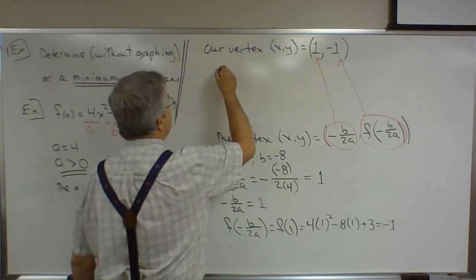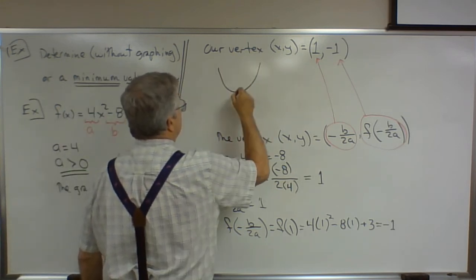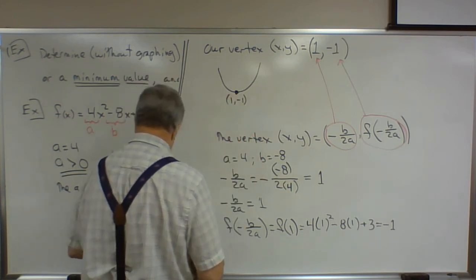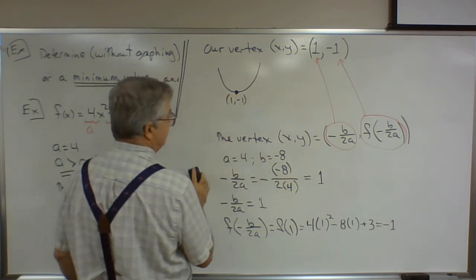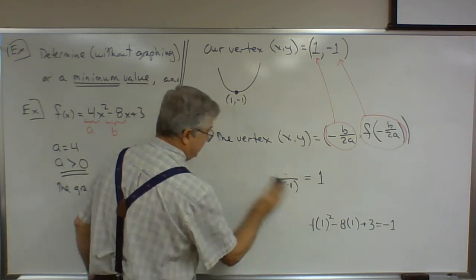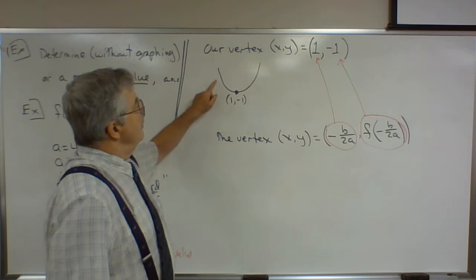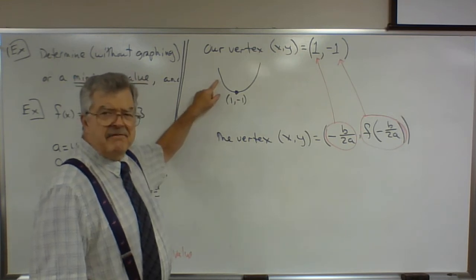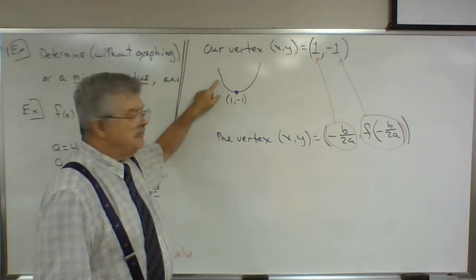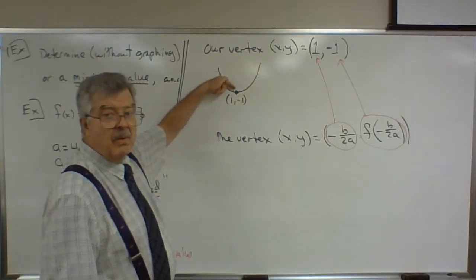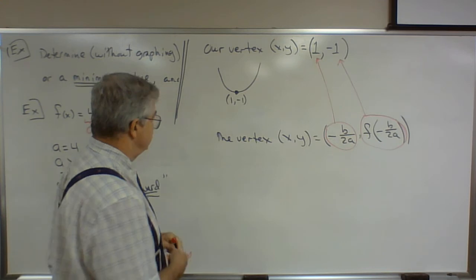So this is what our graph looks like. Where's the smallest y value on this graph, and what is it? Isn't it right here at the bottom where y equals negative 1?